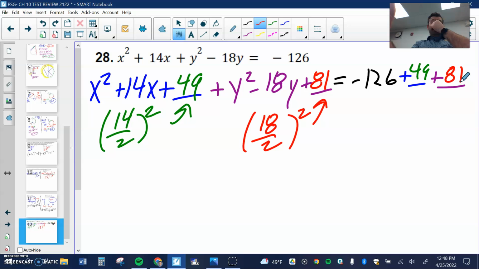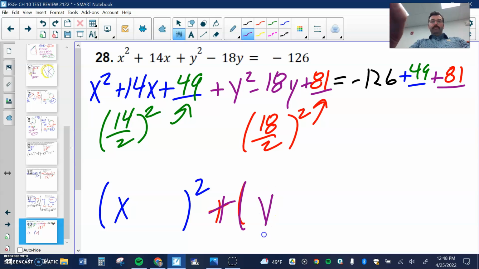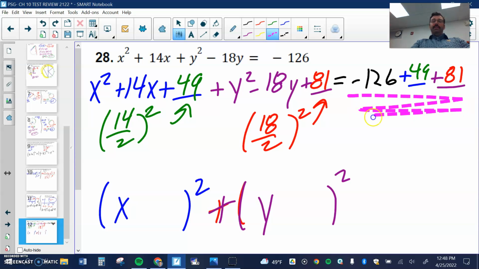Next. The point of completing the square is so I have a binomial squared, with an x and then a squared, and with a y and then a squared. This last number here, I just add these up: negative 126 plus 49 plus 81, I get 4.